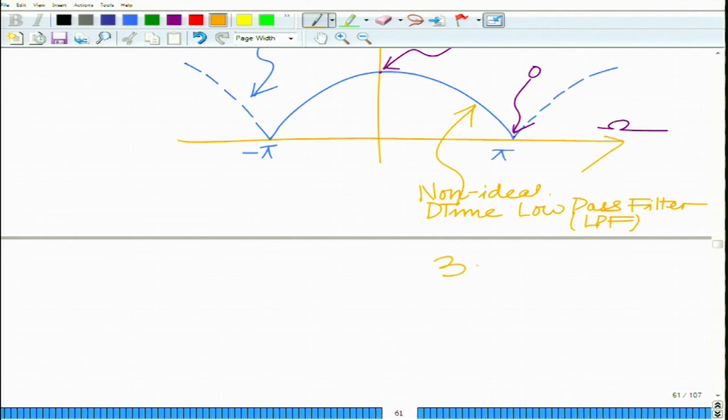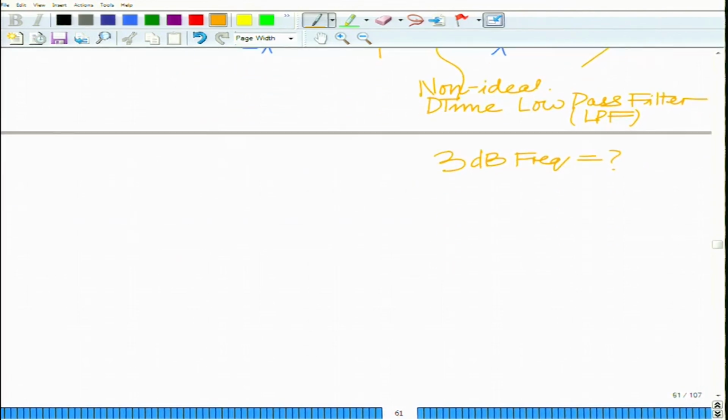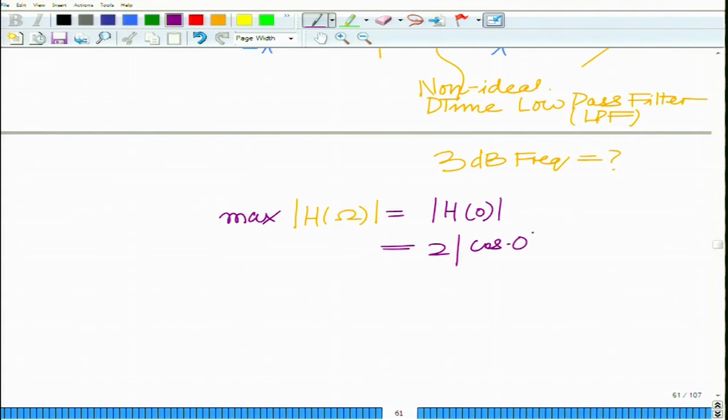And therefore, what we want to find is the 3 dB frequency of this non ideal low pass filter, and that can be magnitude H of omega. If you look at the max of this, it occurs at H of 0, which is 2 magnitude cosine 0, which is equal to 2.